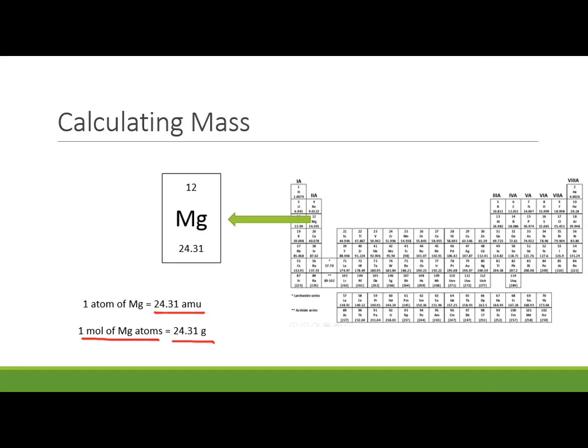So that's why this number is so amazing, because Avogadro's number acts as a conversion factor that seamlessly takes this number and tells us the mass of 1 atom, but also tells us the mass of 1 mole of atoms, which is also why there are no units on these masses, right? Because the mass is AMUs if we're talking about a single atom, or grams if we're talking about an entire mole of atoms. So let's go ahead and actually practice using this.